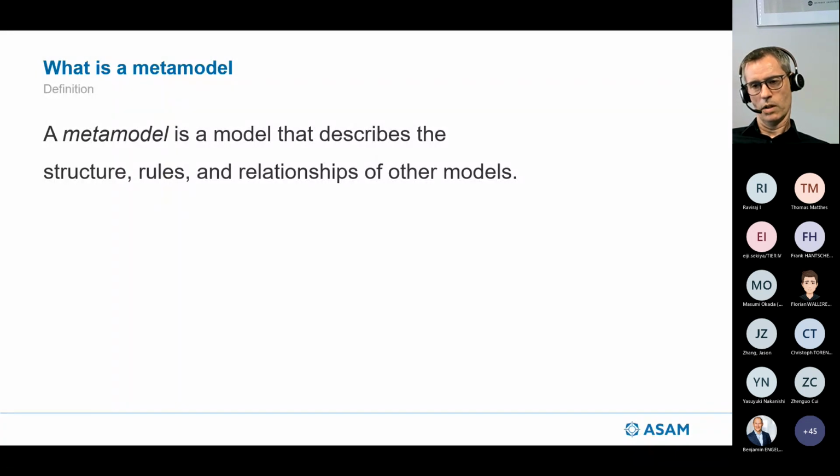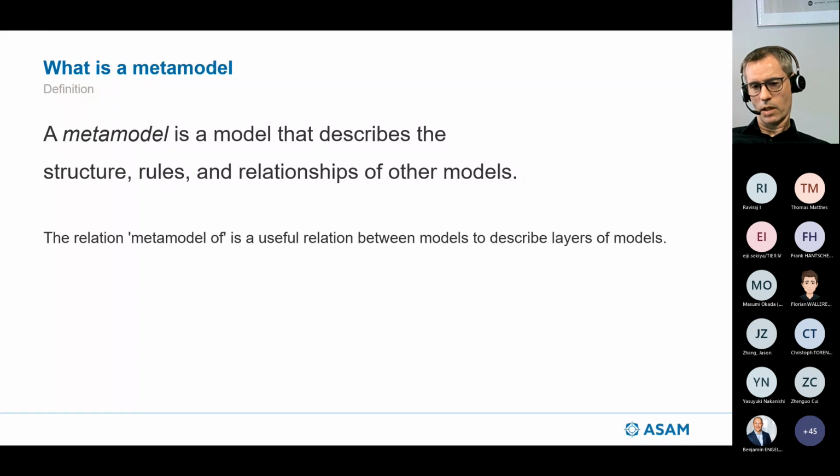It's still a model that describes the structure, rules, and relationships of other models, which means that on one hand we represent other models and have rules for that, and the relation "meta model of" is then useful for describing layers of models. And I would just give you an example of such a layered model.